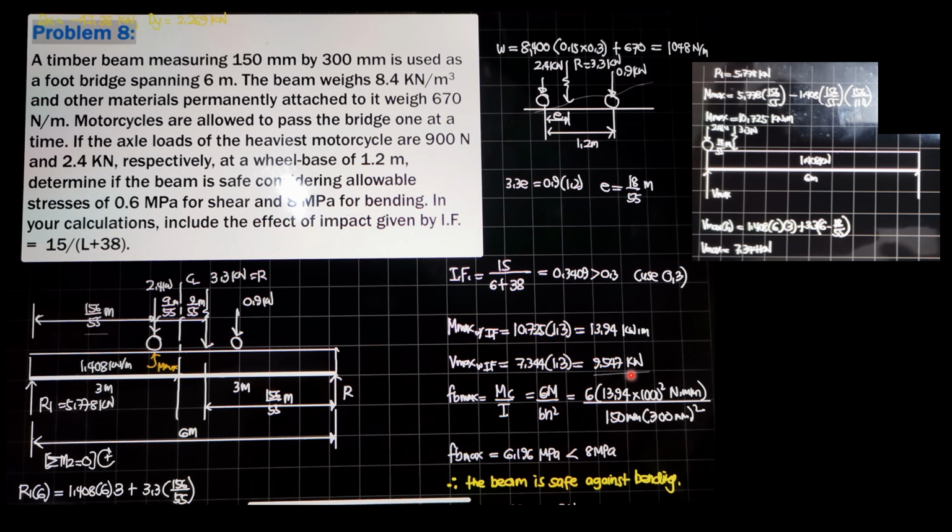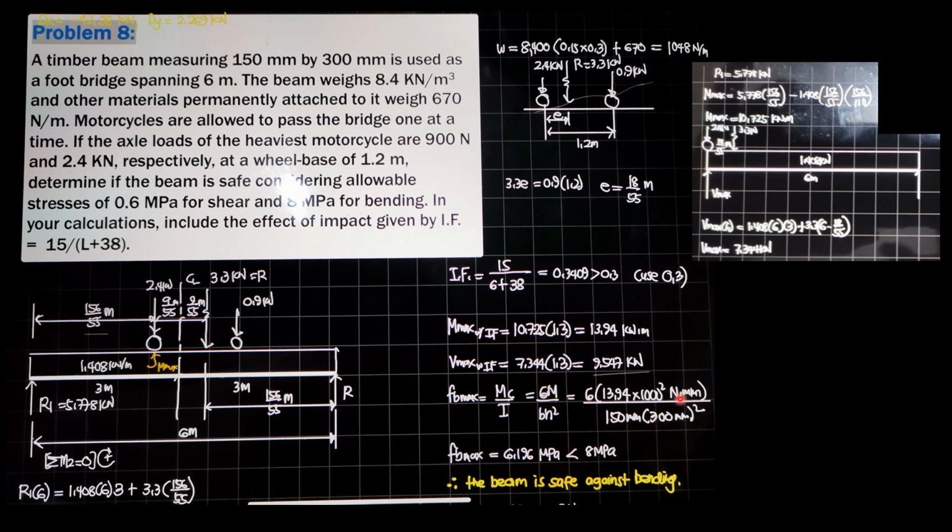9.547 kilonewtons. So the maximum bending stress is given by MC over I, where C is H over 2 and I is H cubed over 12, which will be reduced to 6M over BH squared only for rectangular sections. It is equal to 6 times maximum moment 13.94 kilonewton meter, this is with impact, times 1000 squared to convert moment to Newton mm, divided by B 150 mm, H 300 mm quantity squared.